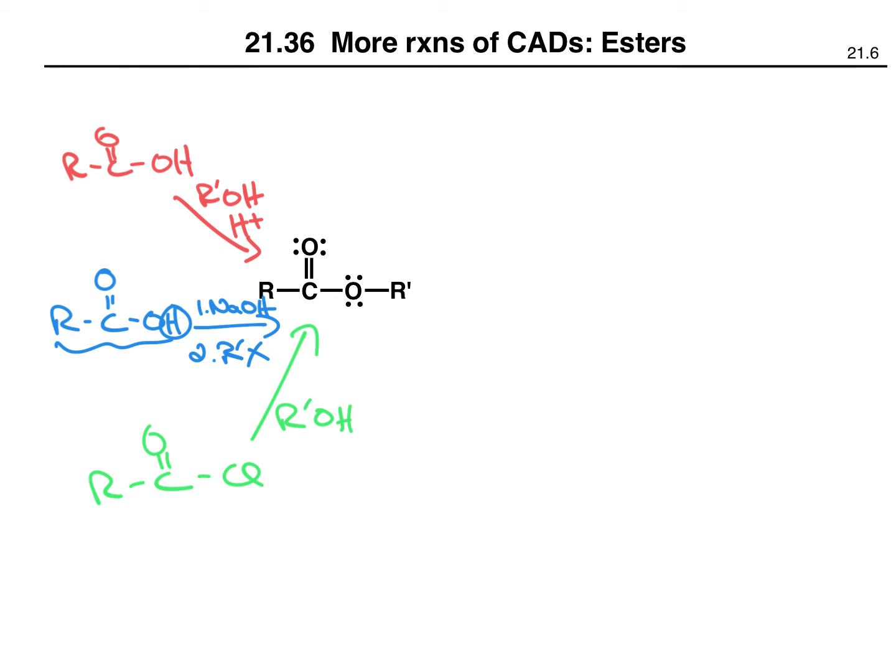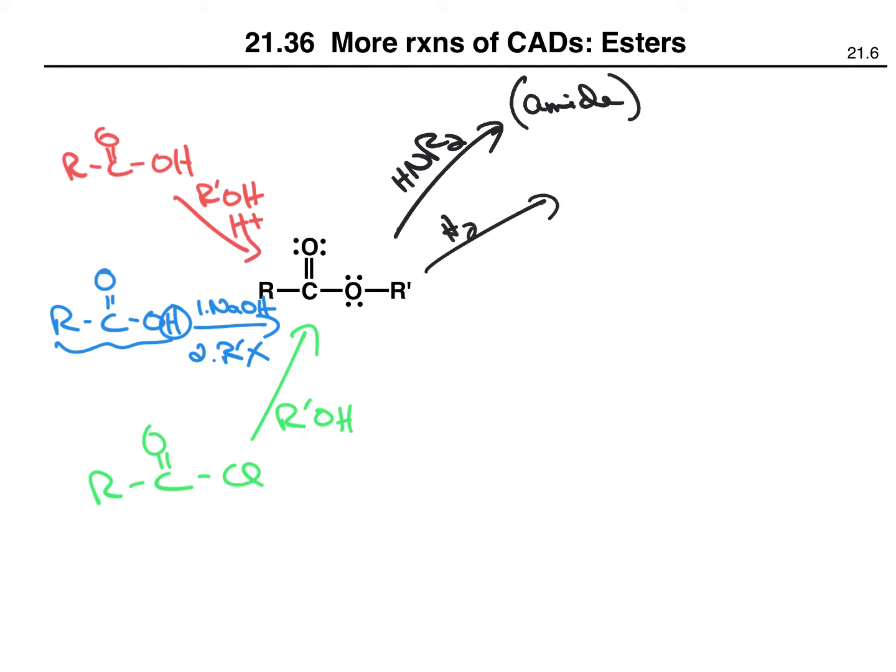So what about reactions? Keep in mind, esters cannot be converted into acid halides or anhydrides by nucleophilic acyl substitution. They could react with an amine to give an amide, but that's not really common.